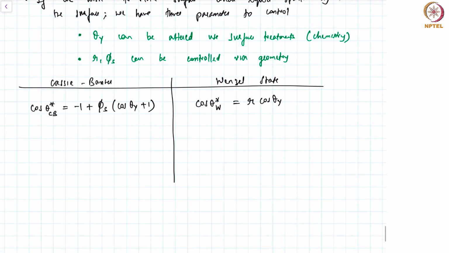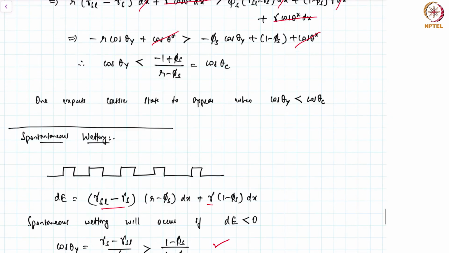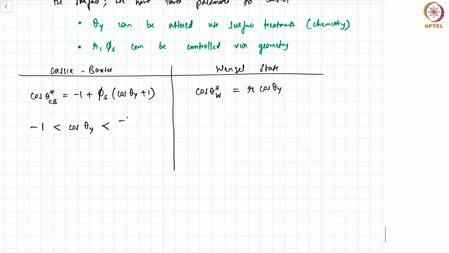Now, what about the validity of the Cassie-Baxter state? We find that the Cassie-Baxter state is valid when this inequality is satisfied: cosine of theta y, the contact angle of the equivalent smooth solid surface, is less than minus 1 plus phi s divided by r minus phi s.